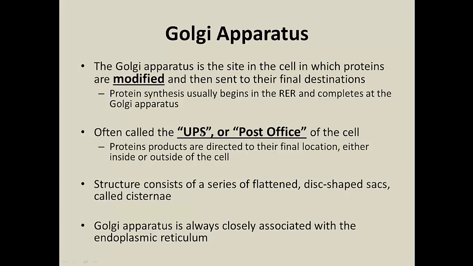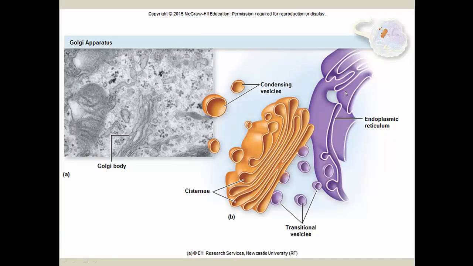It receives a product from the rough endoplasmic reticulum, or just to clarify, from the rough or the smooth, from either way. And it actually puts a label on those. It's a biological label, but a little ID tag goes on these products, and those ID tags will actually kind of dictate where they end up. So some of them are directed back into the cell, and some of them are actually directed outside of the cell.